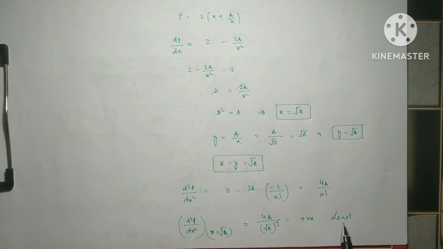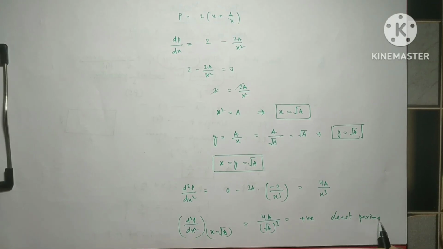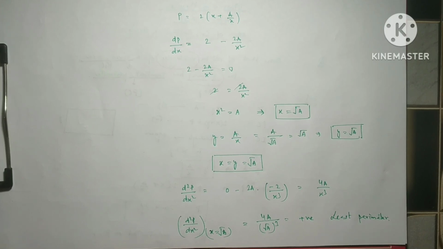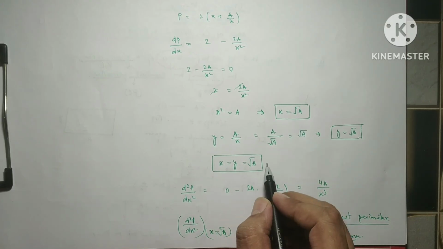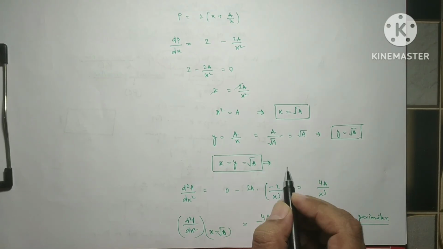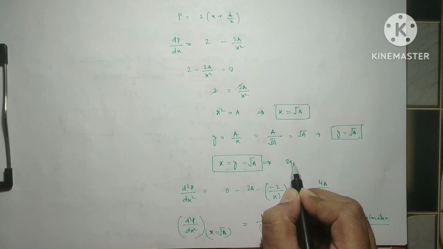So the perimeter will be smallest. And the values of x and y are equal, so they behave as the dimensions of a square.